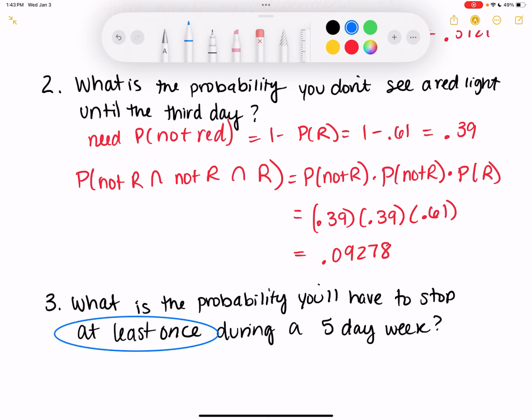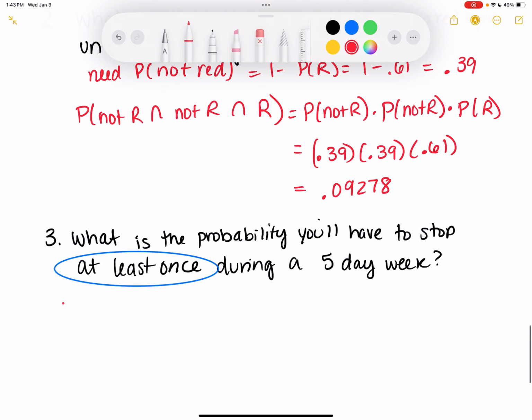What does that mean? So that means I could stop once, twice, 3 times, 4 times, or 5 times, potentially, in a 5-day week. So at least, in this case, means you stop 1, 2, 3, 4, or 5 times.